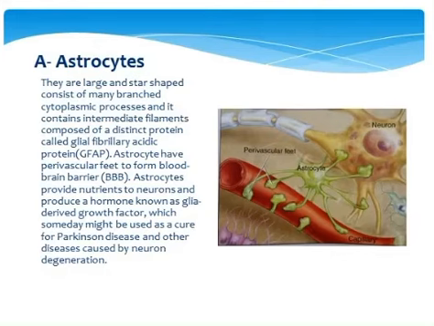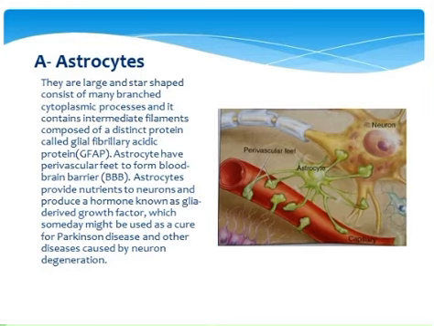Astrocytes are large and star-shaped, consisting of many branched cytoplasmic processes, and they contain intermediate filaments composed of a distinct protein called glial fibrillary acidic protein. Astrocytes also have perivascular feet to form the blood-brain barrier.